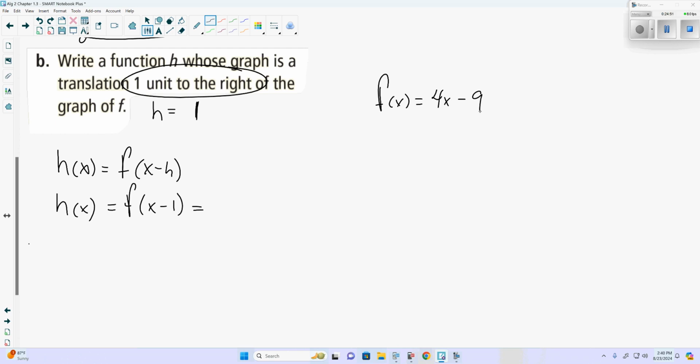Which means every x in this function f of x needs to be switched to x minus 1. So we still have the 4, but instead of multiplying it by our x, we're going to multiply it by x minus 1, minus 9. So all we did was go through and replace every x with x minus 1.